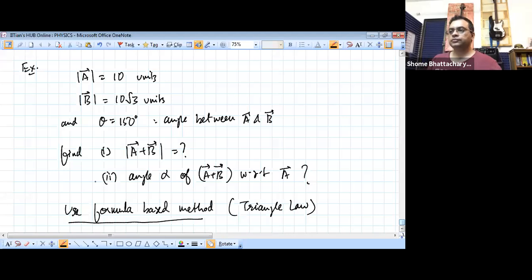Kunal correct. So you should be getting this as 10 units. And this you should be getting as 60 degrees. Correct, Shweta, that's good. So just apply the formula here.